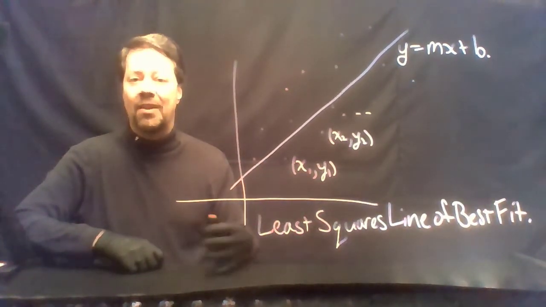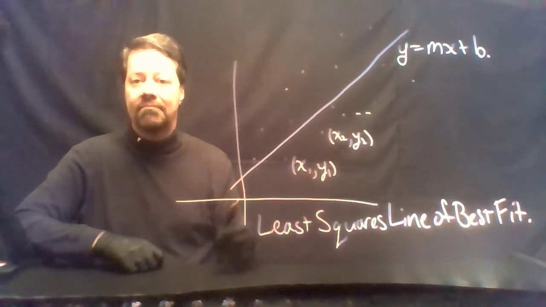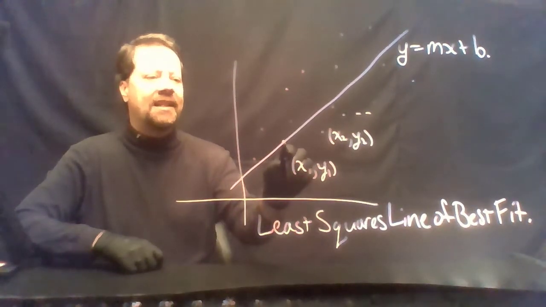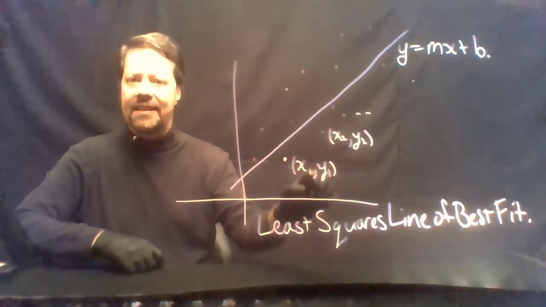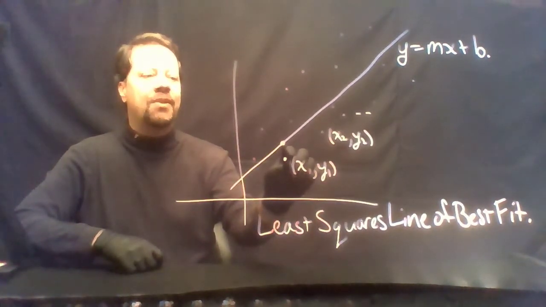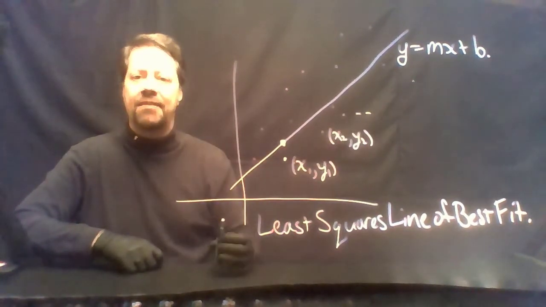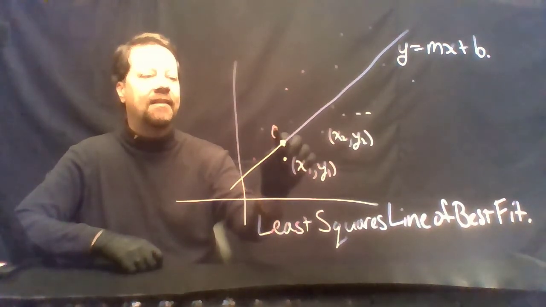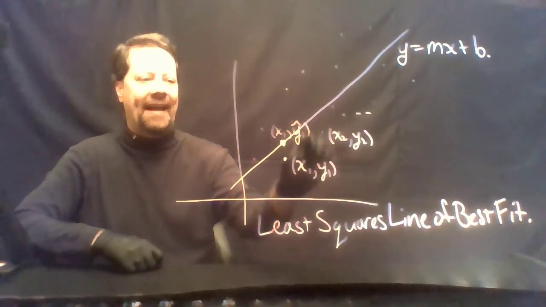This may not be the only way to fit a line to bivariate data, but it works and it's in common usage. The idea is, for each of these points, we have the coordinates of that point given as data, but we can also calculate the corresponding point on the line of best fit by plugging in the x value and getting a corresponding y1 hat.